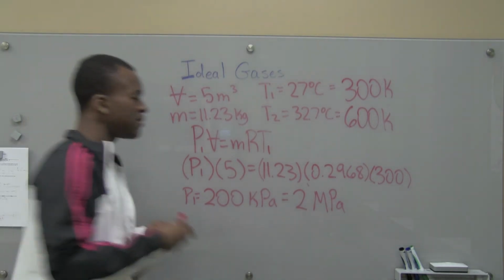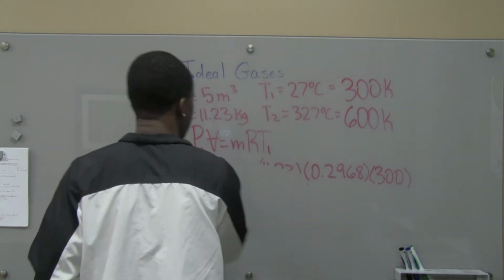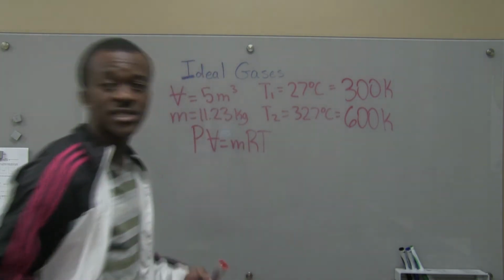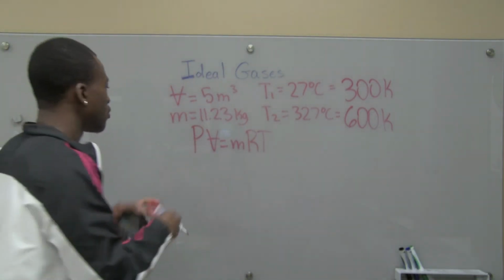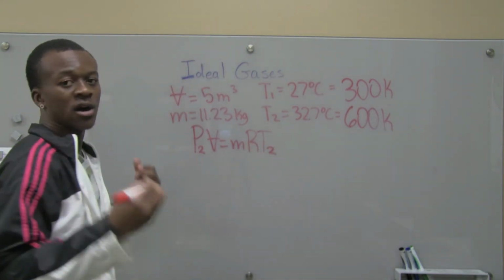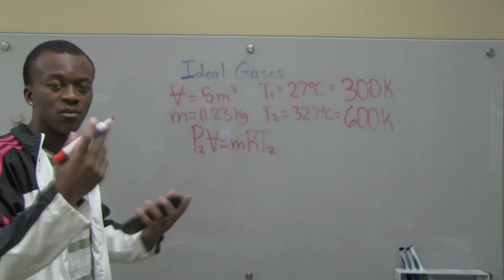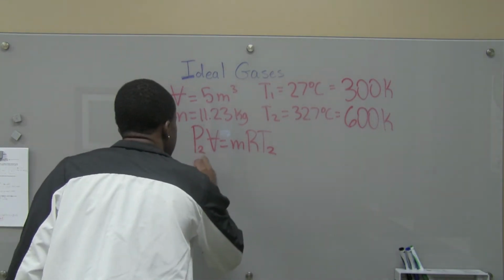And we sort of do the same thing with the second question when they're asking for the final pressure. We're just dealing with T2 now because it's in state 2. There are only 2 states, so the final pressure would be P2, right? So P2 times V, but that V is still the same in 1 and 2, is equal to mRT2. So we get something that looks like this.